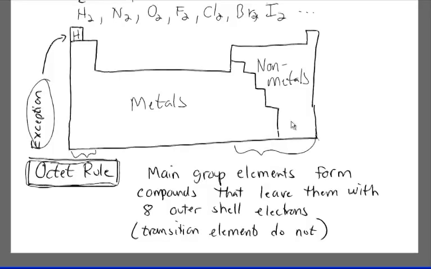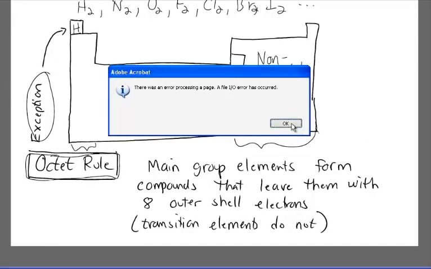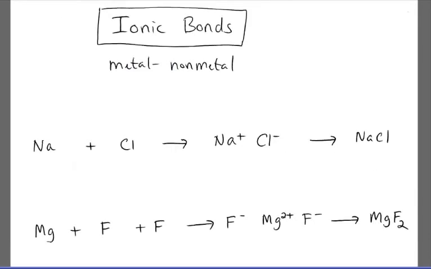Now we're going to focus specifically on ionic bonds. So we're talking about ionic bonds first, and that you remember is between a metal and a nonmetal. The metal becomes a cation, which is positively charged, and the nonmetal becomes an anion, which is negatively charged.